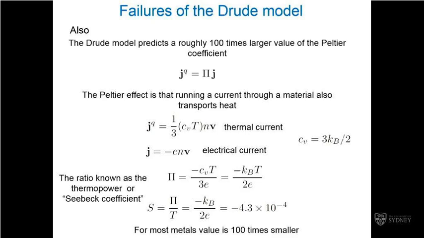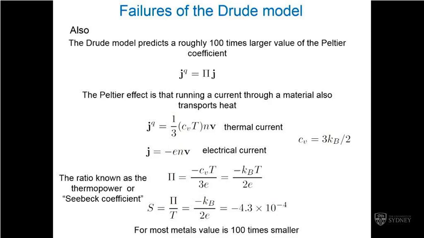When you make the ratio of the two, you can get an expression for this Peltier coefficient being equal to minus kBT, Boltzmann constant times temperature, over 2 times the electron charge, just substituting in for what Drude used for the specific heat. All the equations are there, so you can verify that that's what we get here. Okay, so that's a Peltier coefficient.